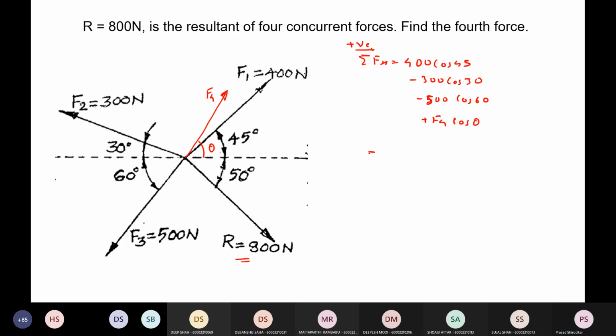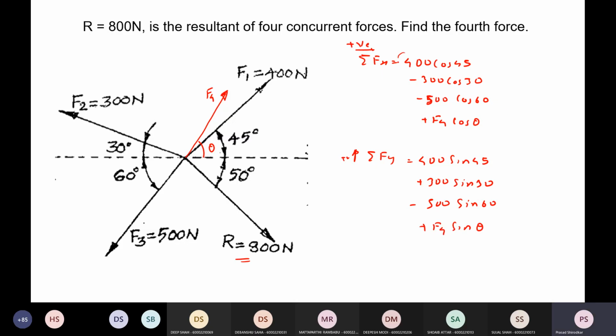That is summation fx, and summation fy, upwards positive, is equal to 400 sin 45 plus 300 sin 30 minus 500 sin 60 plus F4 sin theta.